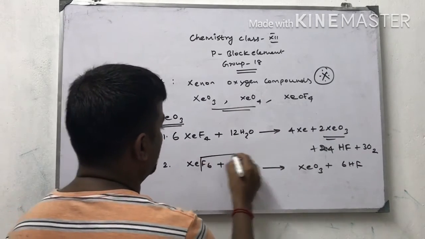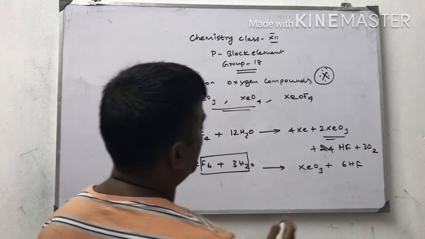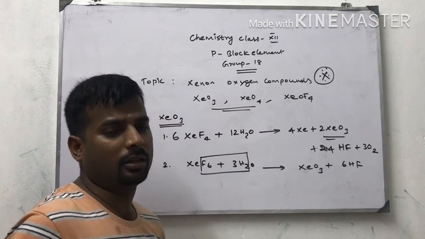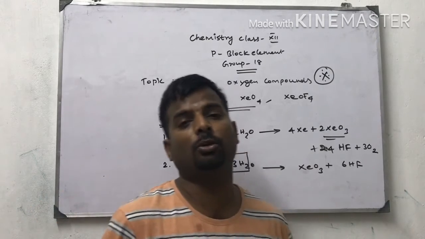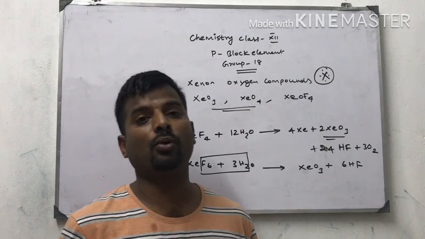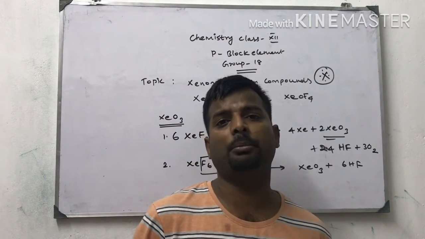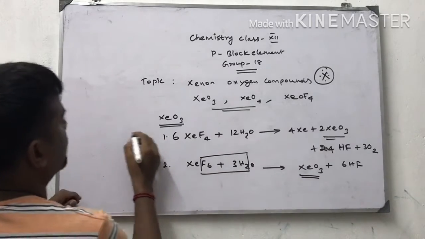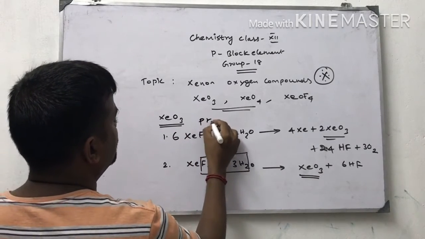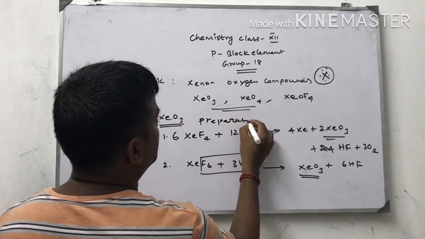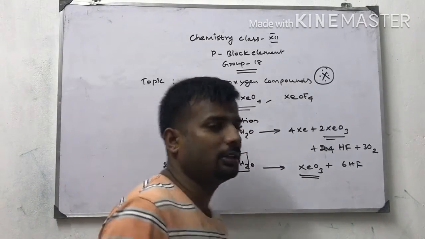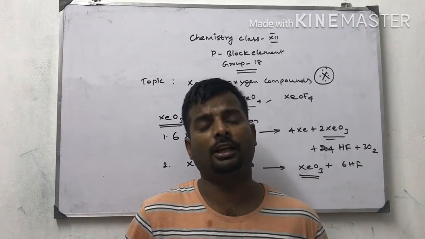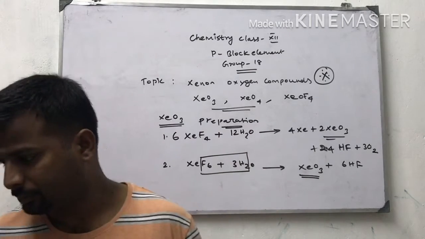We already learned that xenon always reacts with the most electronegative elements like fluorine and oxygen to form compounds. This is the preparation of xenon trioxide: by hydrolysis of xenon tetrafluoride and xenon hexafluoride, we get xenon trioxide.